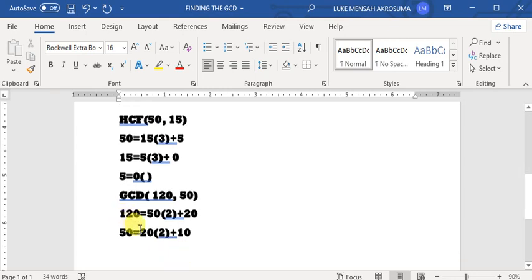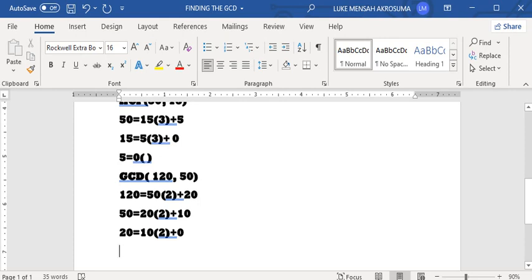Now bringing 20 down here, equating it to 10 times a certain number. How many times will 10 enter 20 perfectly? It's 2. The product of 10 and 2 is 20, which means there is no remainder.